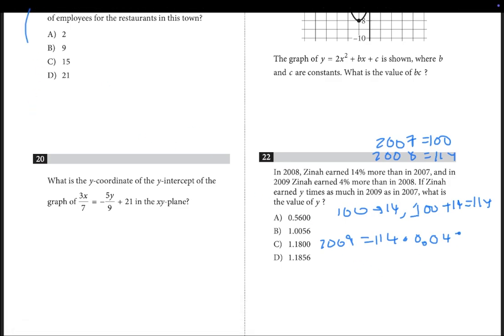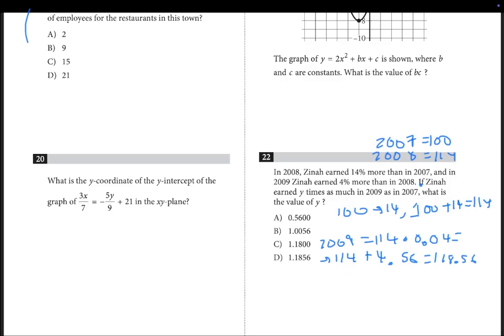So she had 114 plus 4.56, which equals 118.56 in 2009. So what is the value of y?